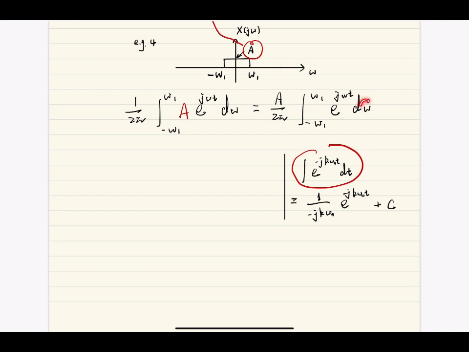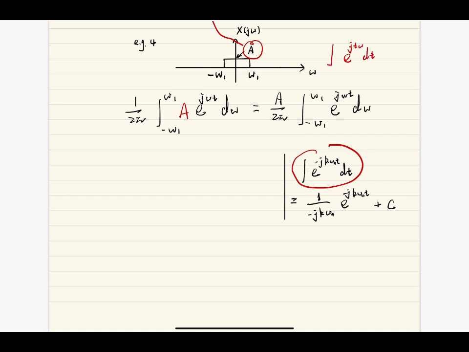Now we should conduct d omega, but last time we conducted with dt. But the principle is almost the same. We can treat omega as t and treat t as omega.